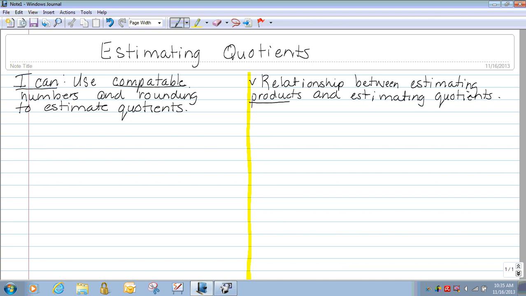Remember, products are the answers to multiplication sentences, and quotients are the answers to division sentences. Push pause.